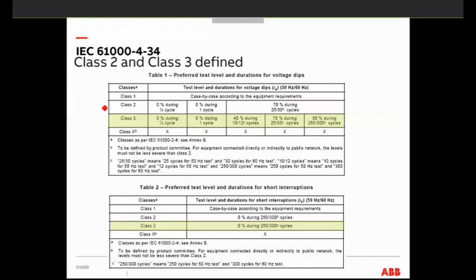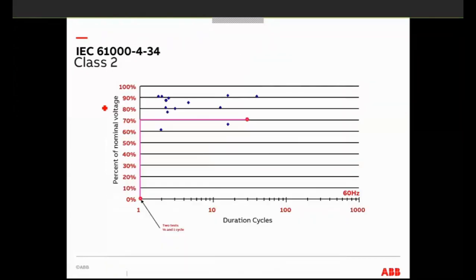Just to give you a representation of class 2, the items that are below this level or in this region mean that your component will trip off.